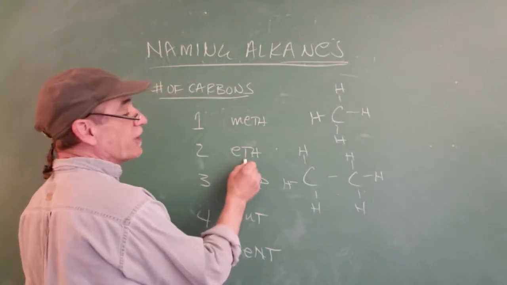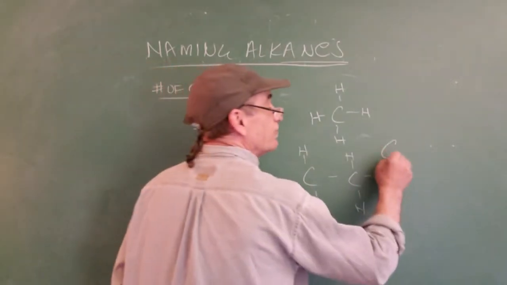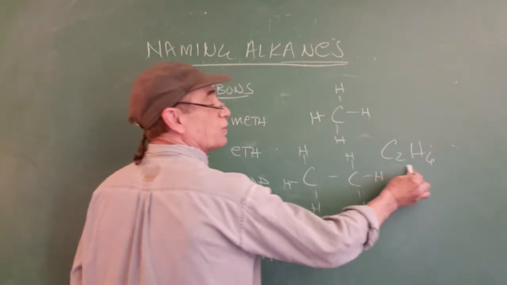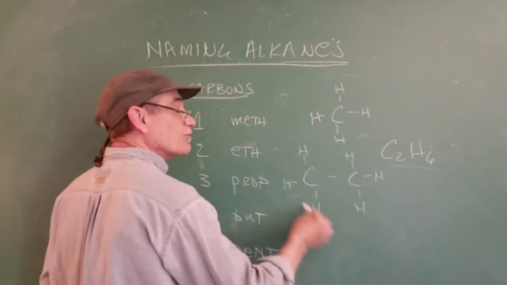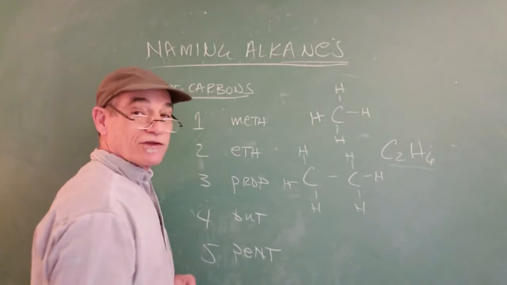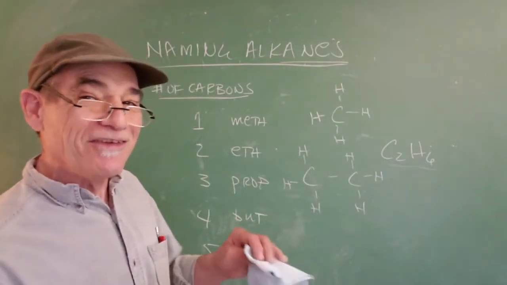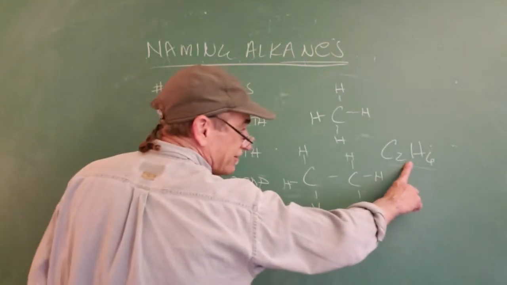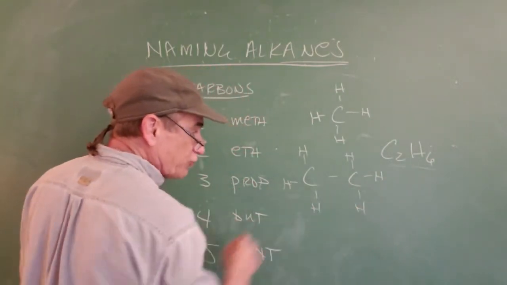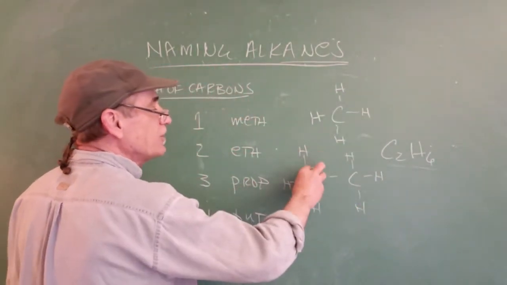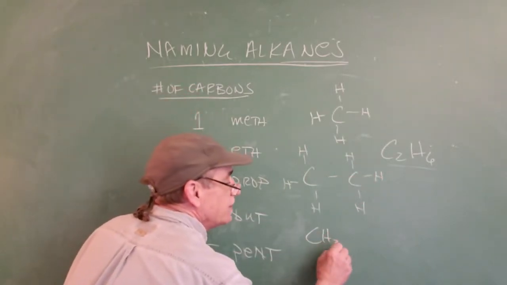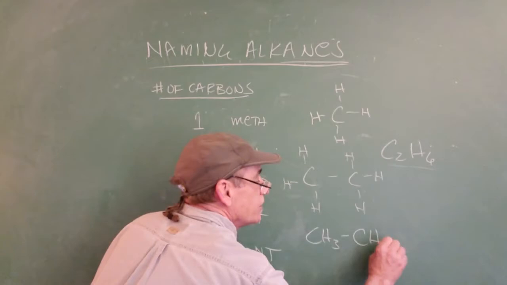So the formula for ethane with 2 carbons is C2H6. So the condensed formula would look like that. The more structural formula would look like this, the Lewis structure. Now they even do something in between, condensing each carbon center and calling this CH3 linked to a CH3.